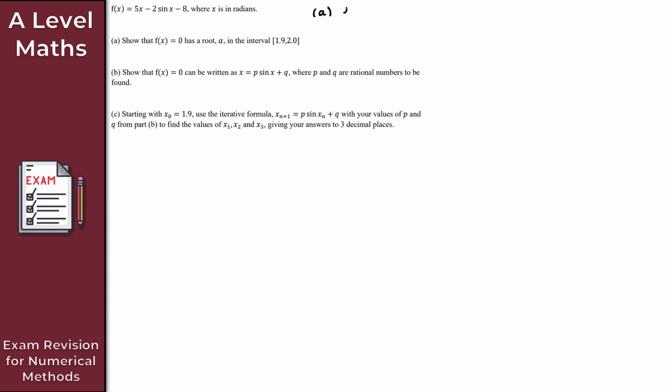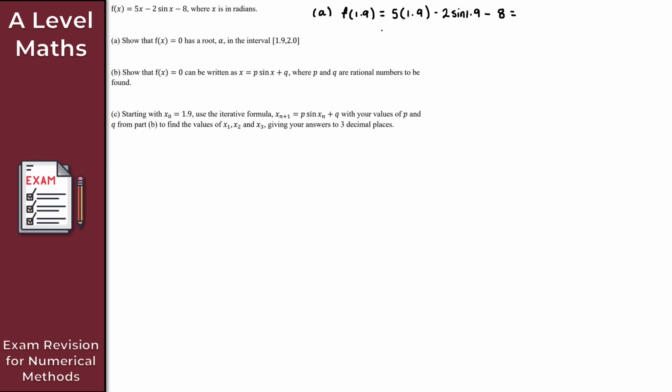So for part A, let's begin by finding f of 1.9. All we need to do is just substitute x equals 1.9 into this function. We get 5 times 1.9 minus 2 sine of 1.9 minus 8.